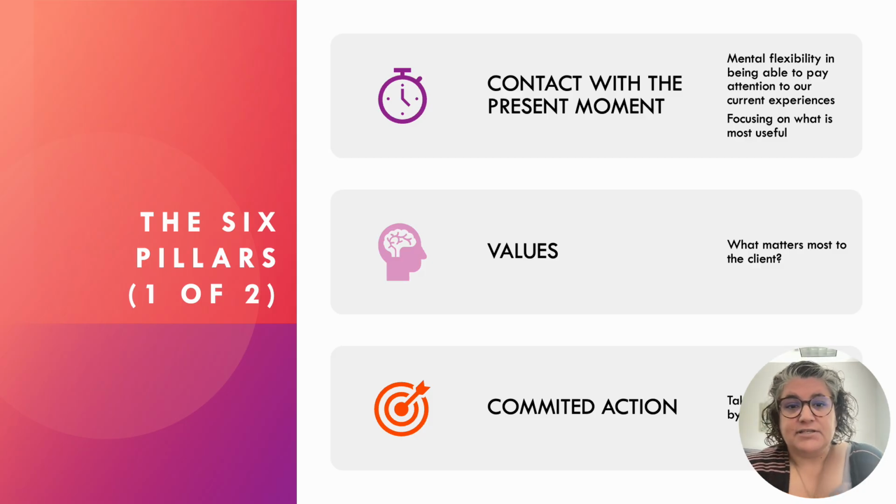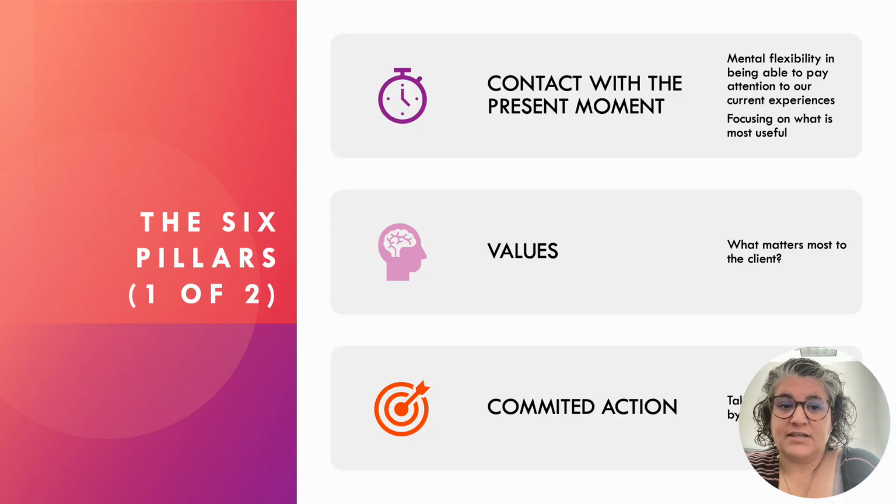So our first pillar is contact with the present moment. There are aspects of mindfulness that go along with this pillar, and the key idea is to pay attention to our current experiences. What is happening in this moment? What is in front of me? What am I experiencing inside? This pillar asks clients to focus on what is the most useful in that moment.